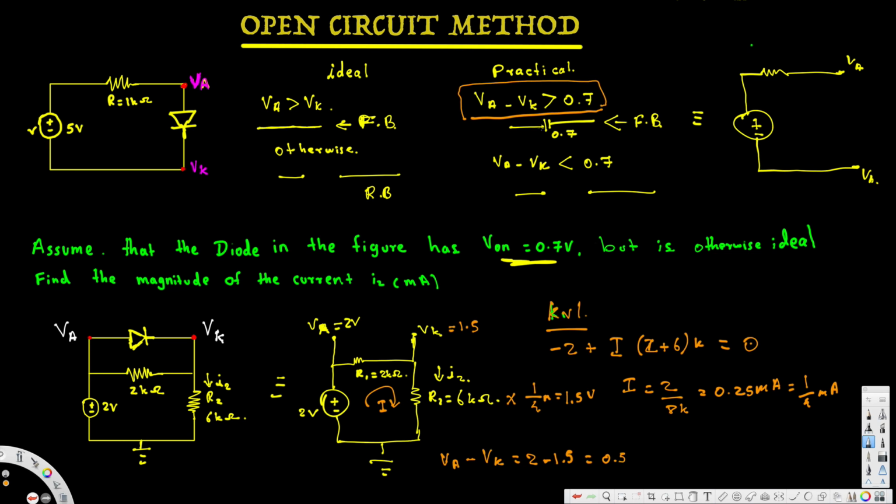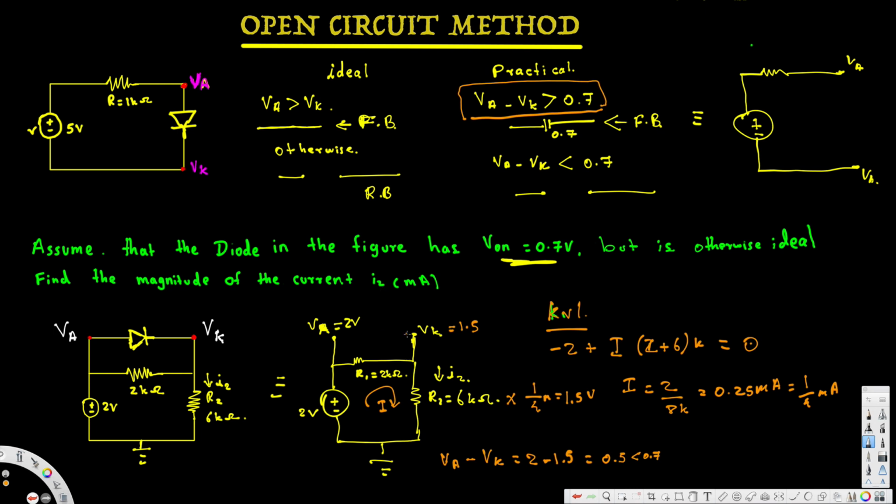0.5. And here you can see, for a practical diode, VA minus VK should be greater than 0.7. Here we have less than 0.7, right? 0.5 is less than 0.7. So it means we replace this with an open circuit. We already assumed this is open, so we don't have to do anything. Our purpose is to find the I2 current.